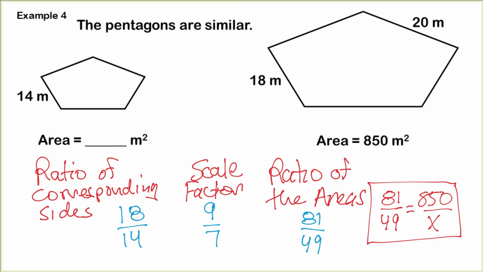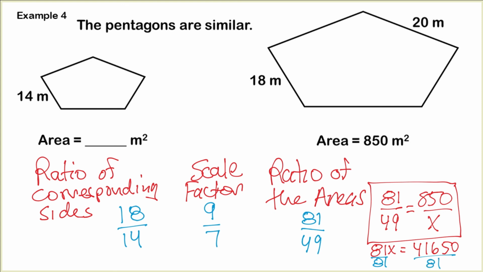So we need to cross multiply. When we multiply 81 times x, we get 81x. And when we multiply 49 times 850, we get 41,650. Now we need to divide both sides by 81.